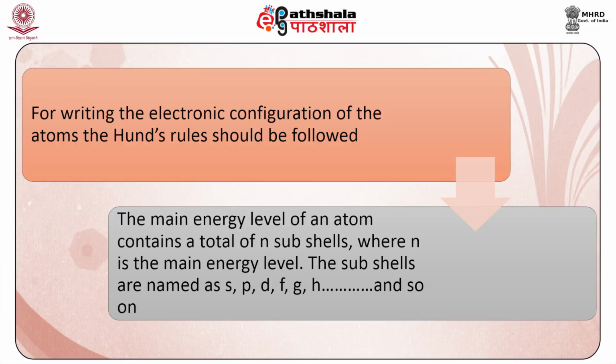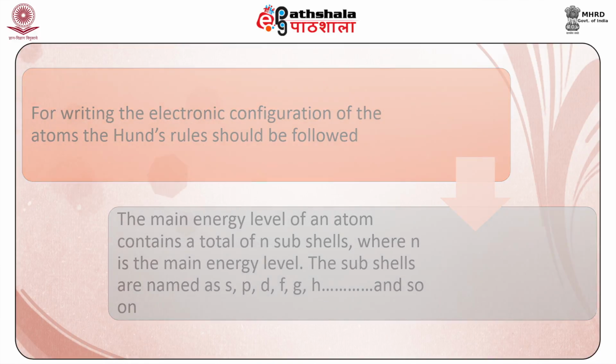The main energy level of an atom contains a total of n subshells, where n is the main energy level. The subshells are named as s, p, d, f, g, h, and so on.